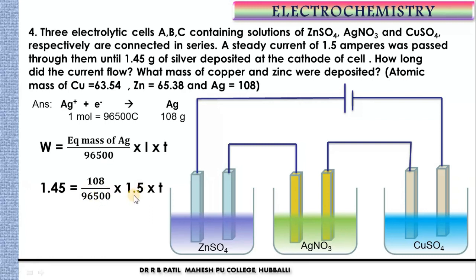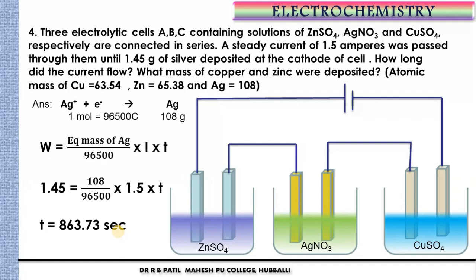I already given 1.5 amperes. Time they asked us to calculate. Mass of silver deposited, they told 1.45. So if I solve that, then I end with the value t is 863.73 seconds. This is the first part that we solved by using Faraday's first law.